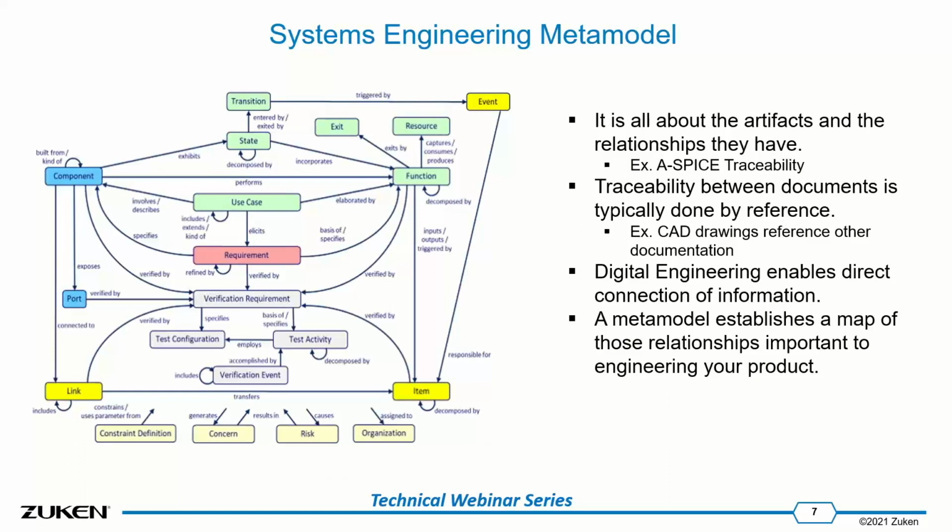Behind this and behind the process is the systems engineering meta model. Now, this is an information model that has been developed over that 50-year period. It started with the missile defense program at TRW in the 60s. It's an information relationship model.